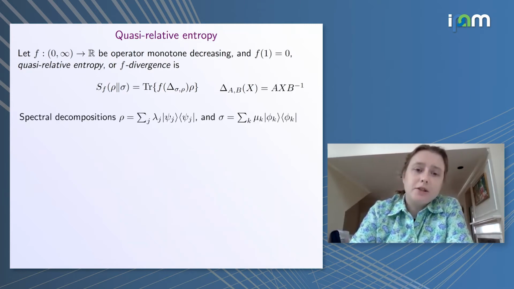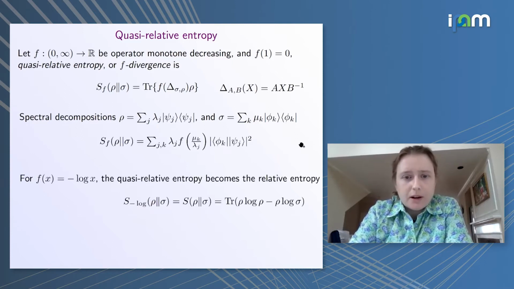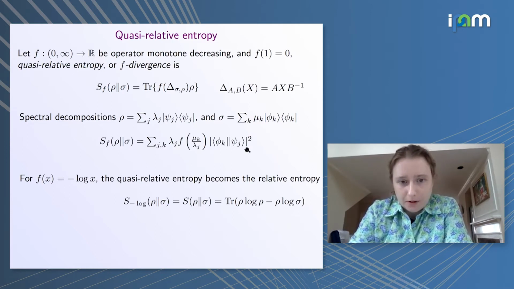If my states rho and sigma admit the following spectral decomposition with eigenvalues lambda and mu, and eigenvectors psi and phi, there is a closed form for the f-divergence, very easy to calculate. It's lambda f acting on the fraction, with the overlap between the eigenvectors here.